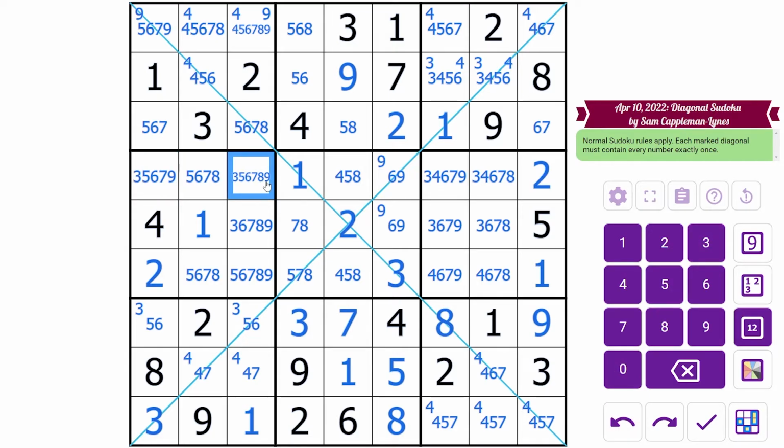I had an extra cell highlighted. This cannot be a 3. Okay. Now, what did I see? Okay. Let me go back a second. Okay.